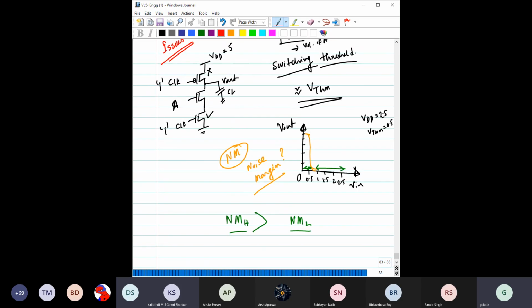Then what about the power? Power consumption, if you are considering only this A and this, that is one thing. But the other thing is, say you want to make this gate drive faster. That means you have to make this transistor size bigger, so that it can charge faster.